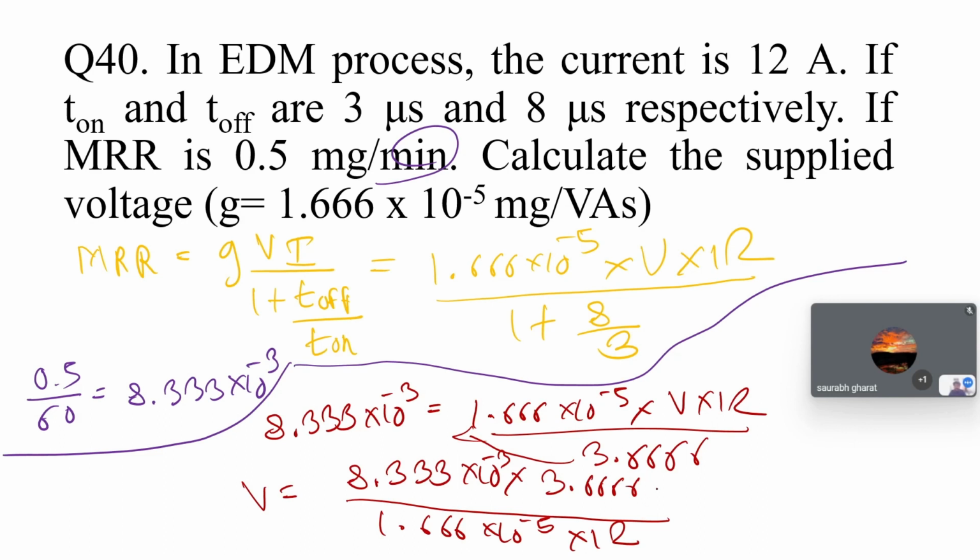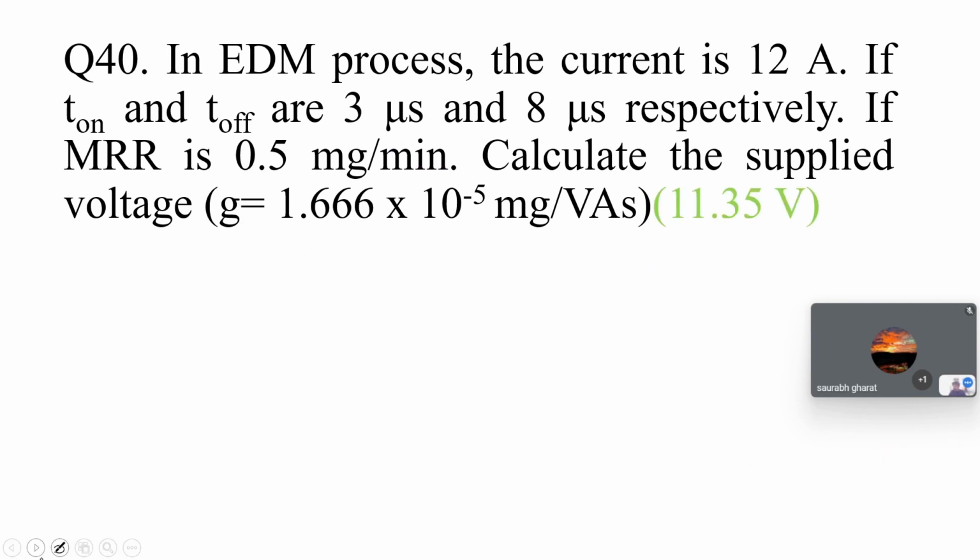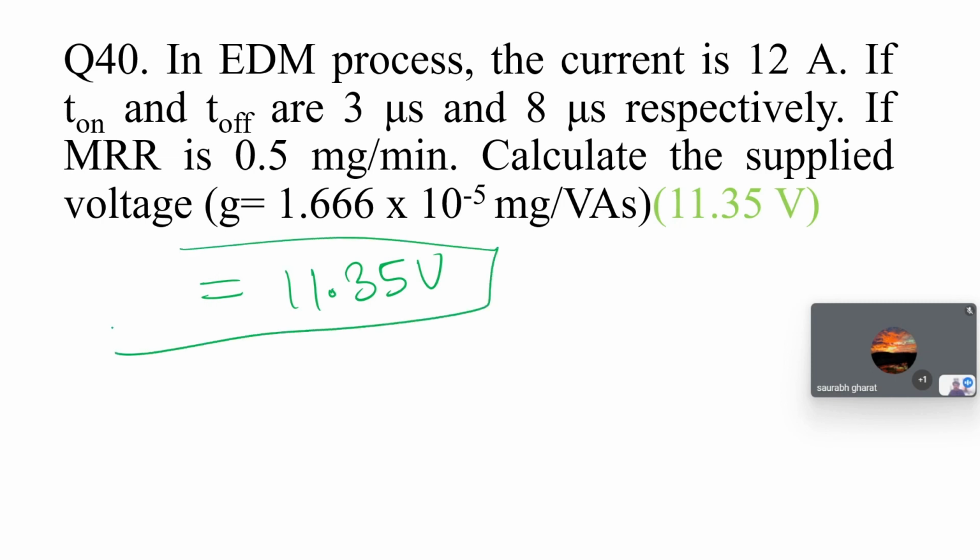So the answer for voltage will be 11.35 volt. After the calculation you get this answer, that is 11.35. After every calculation, everything you put there, your answer is 11.35 volt, because we want to calculate the supplied voltage. So your V is 11.35 volt.